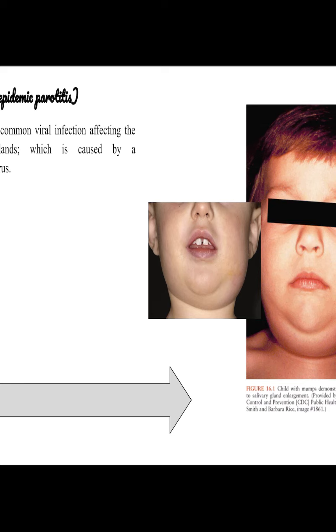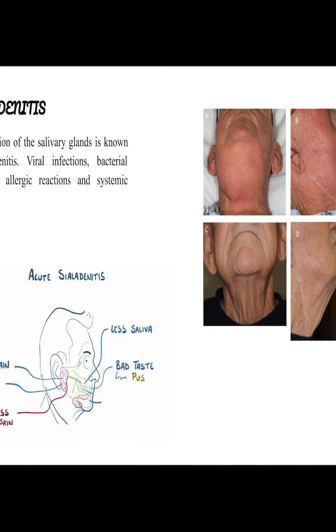The patients usually experience symptoms like fever, headache, chills, and vomiting, and the gland will become slightly rubbery or elastic, and frequently elevates bilaterally, and the earlobes as well.